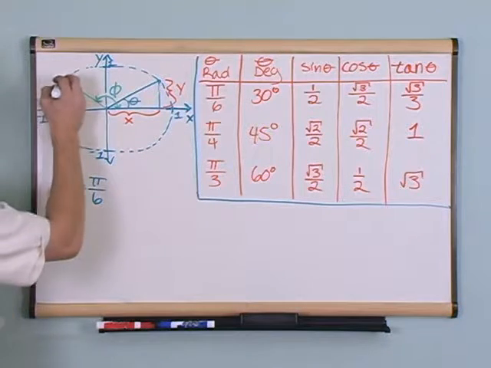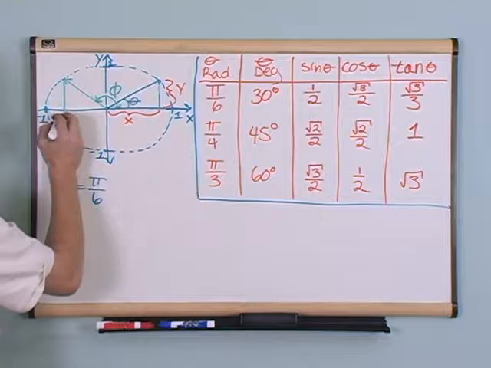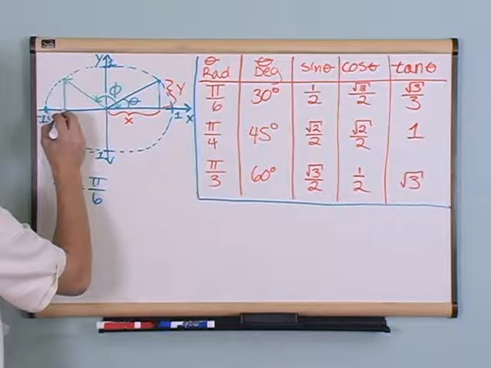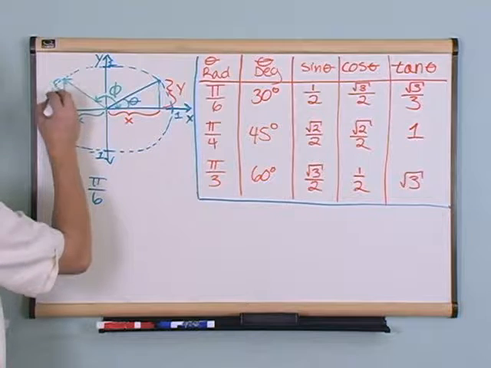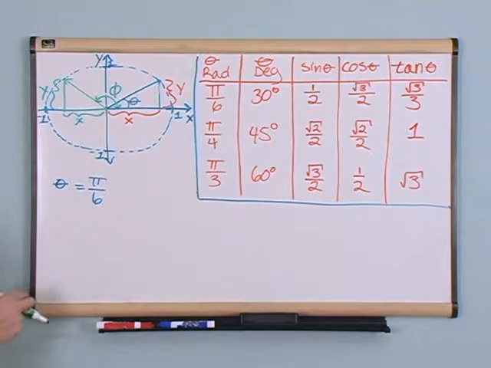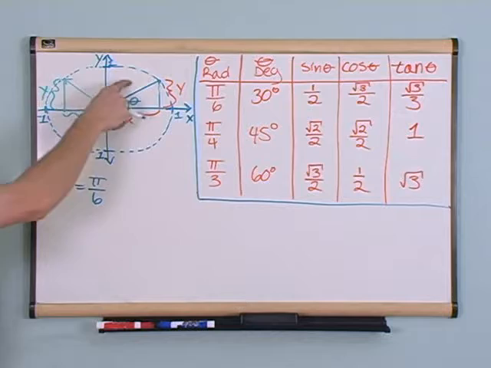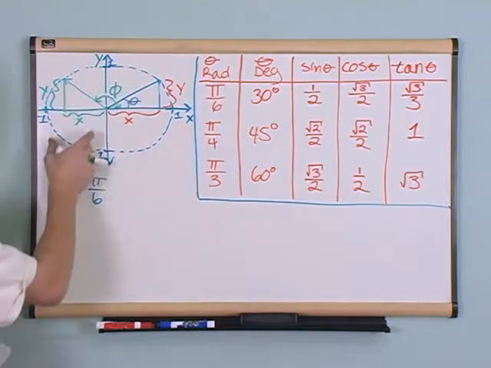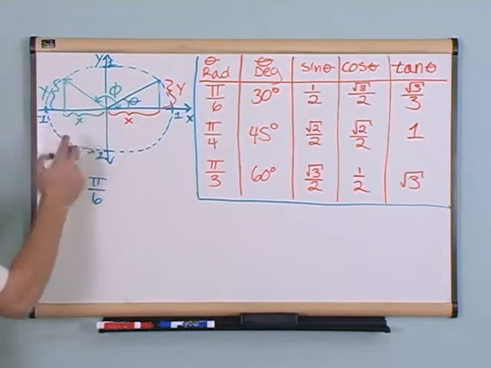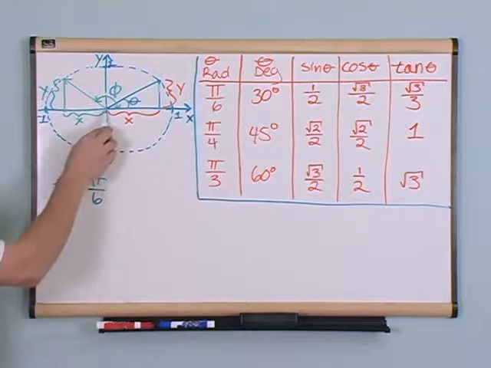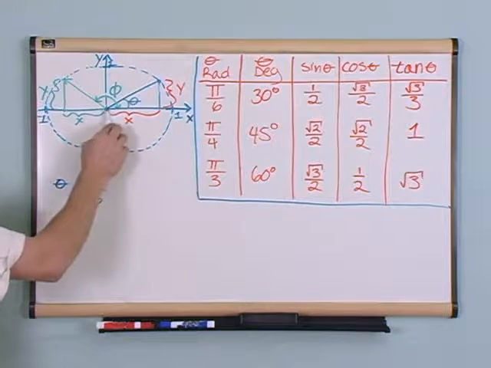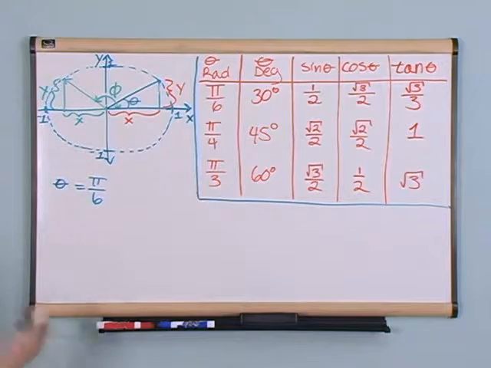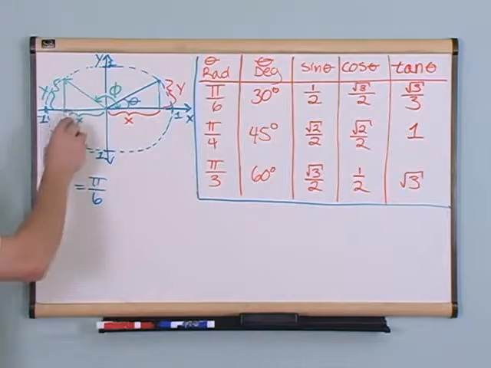What I'm interested in finding is this length and this length, which would be x, and this would be y. If I put this angle in the calculator and I find x, I'm going to get a negative number, because for cosine I'm measuring x, and x is going negative. And then for sine, I'm measuring y, which goes positive.